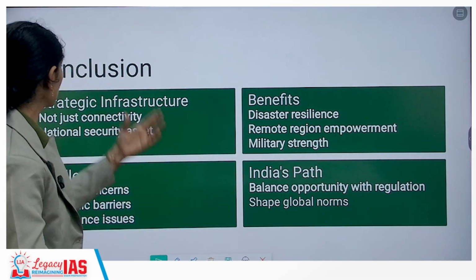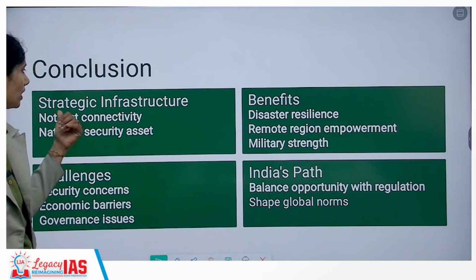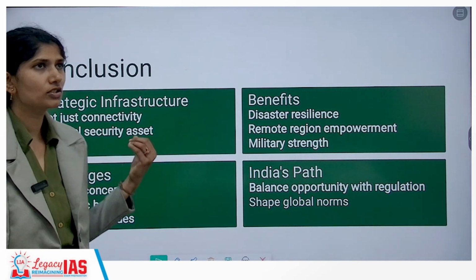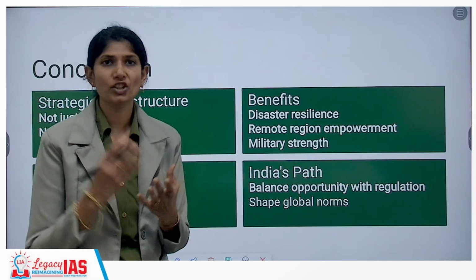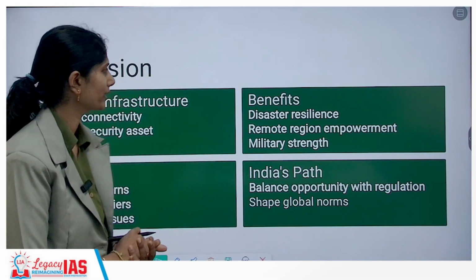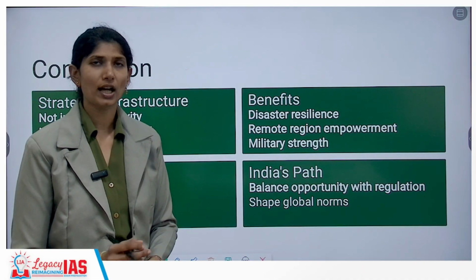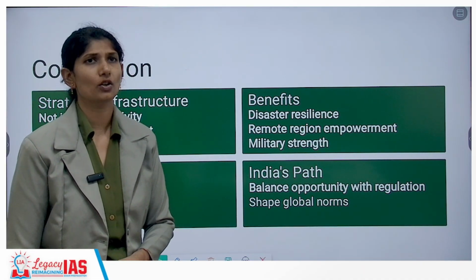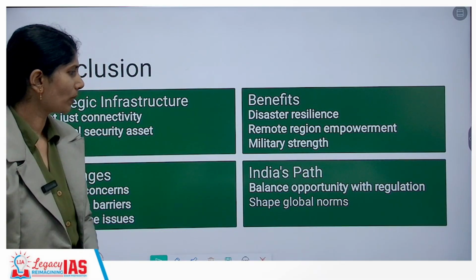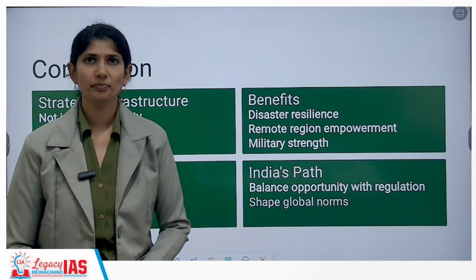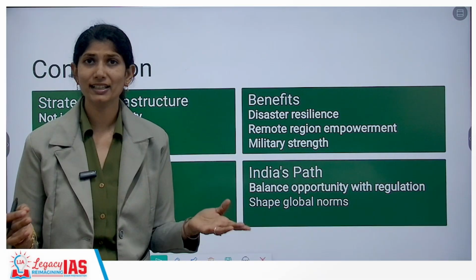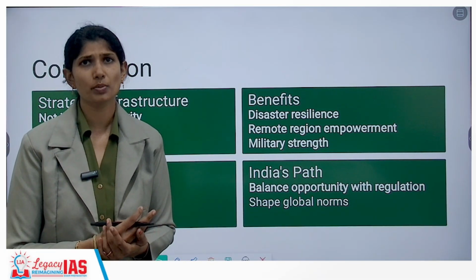So in conclusion, what can India do? Strategic infrastructure: it is not just about connectivity but to be considered a national security asset, but at the same point of time we have multiple benefits and disadvantages where it poses a concern to our security. So India's path should be a balanced approach, that is, it has to look into both, it cannot reject any one of the aspects.